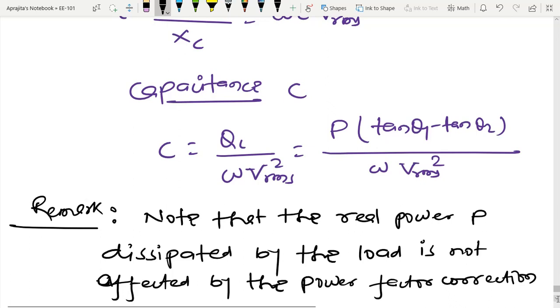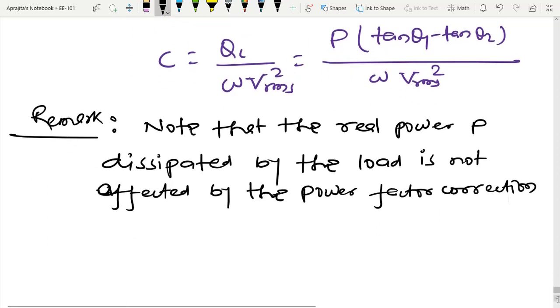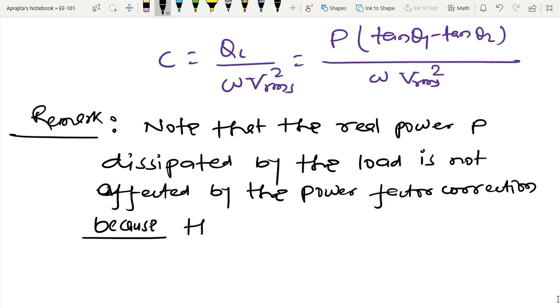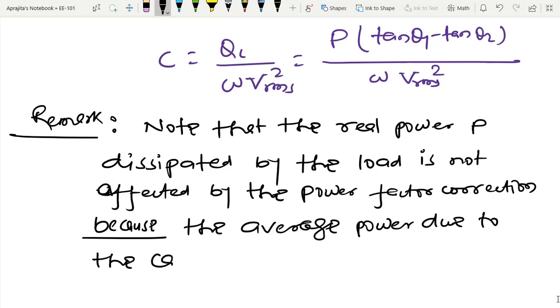and this is because the average power due to the capacitance is 0.